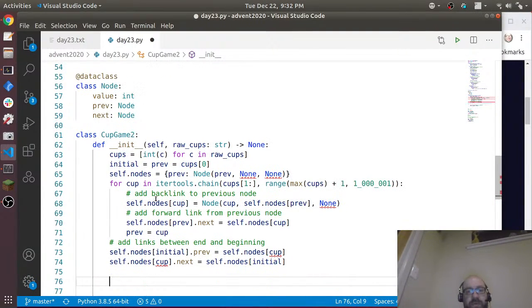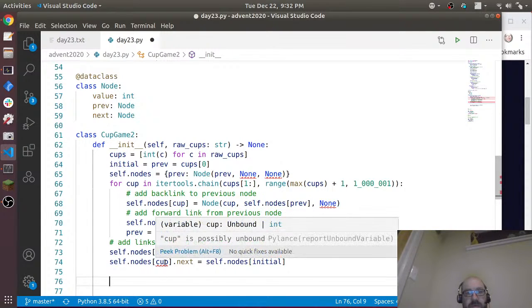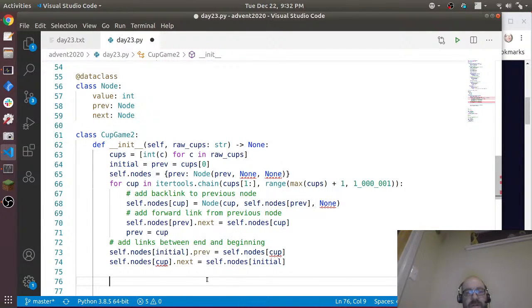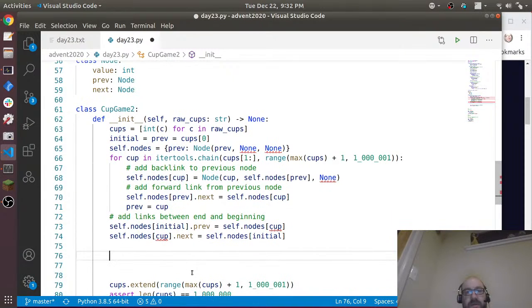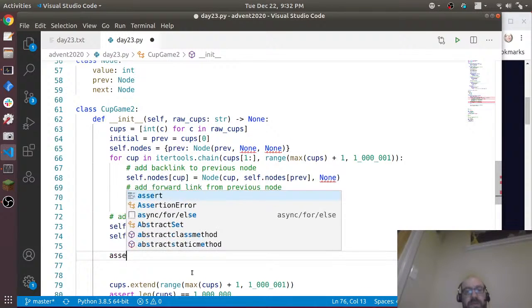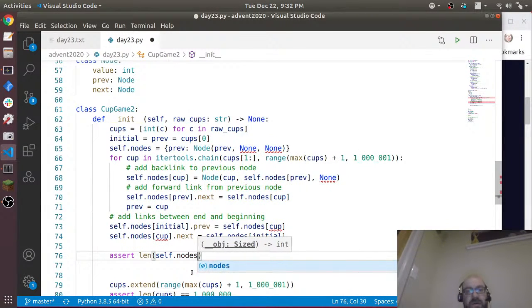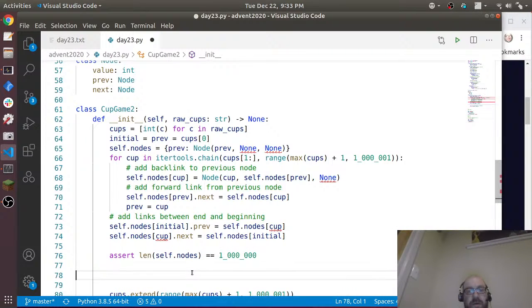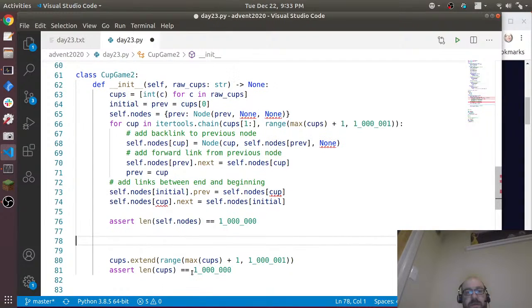So now it forms a loop, and we have lookups. And why cup is possibly unbound. Cup is not unbound. So that's a stupid error. And now what I want to do is assert that len of self.nodes equals 1,000,000.